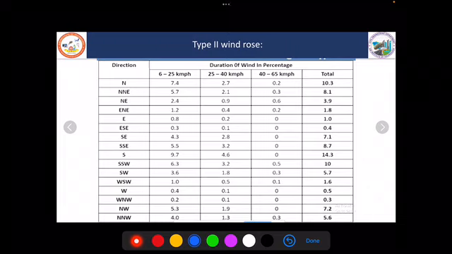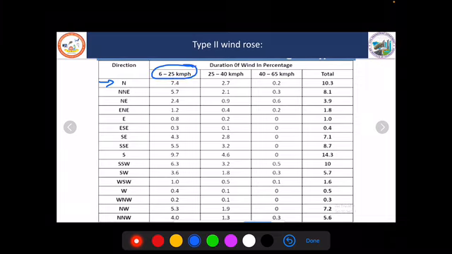Now this is a typical Windrose diagram of type 2. You can see the various directions here. I'll read out the wind data from one particular direction. From the north direction, we have wind of intensity 6 to 25 kmph for a duration of 7.4% in a year.